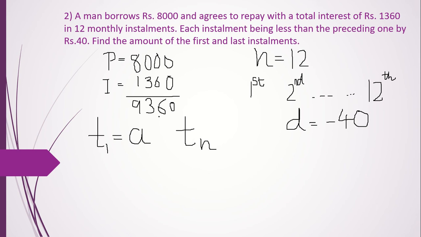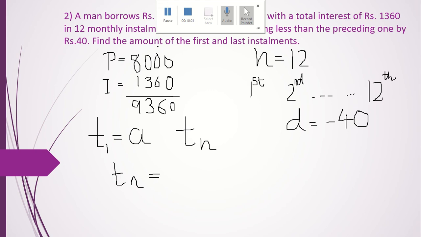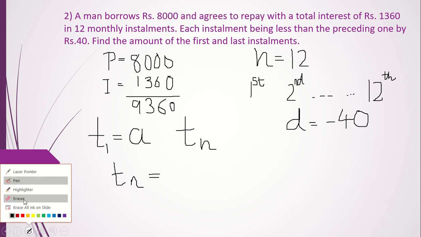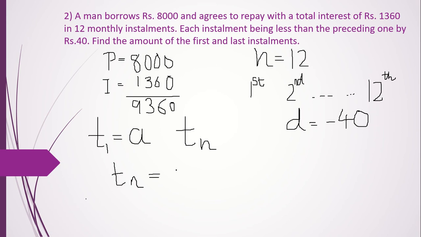Okay, so if we use the formula for Tn, Tn is a plus n minus 1 d. This formula will give us the nth term.